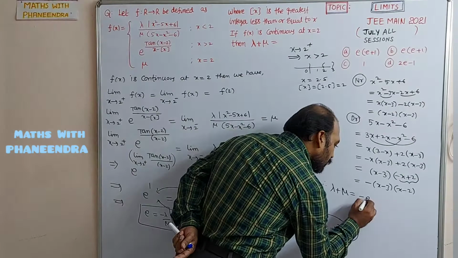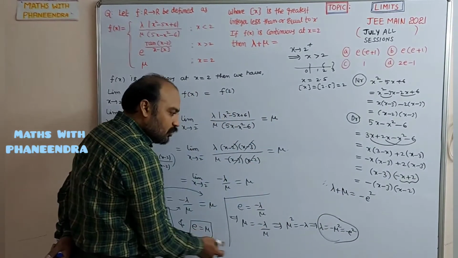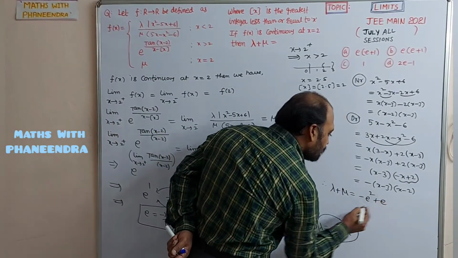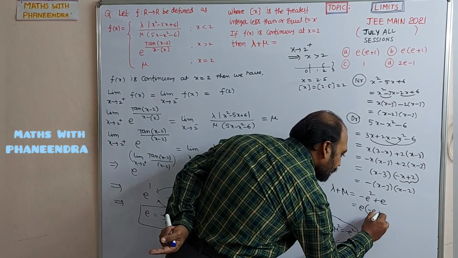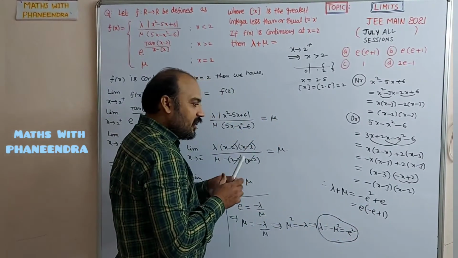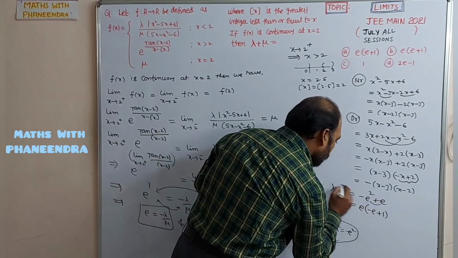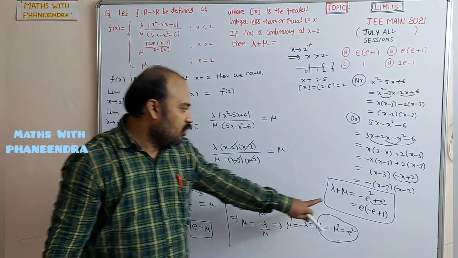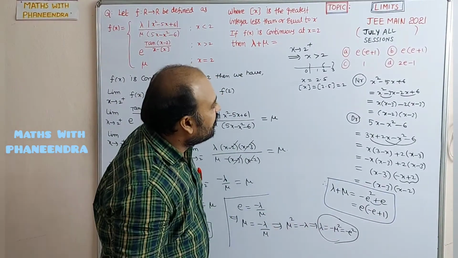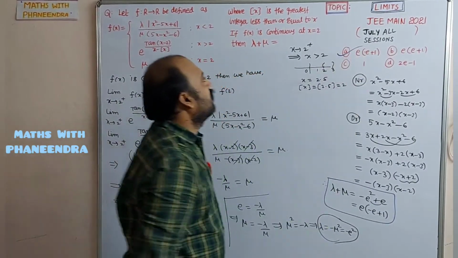So minus e square plus mu, which is e. So take e common, e into minus e plus 1. That's what they are asking. The value of lambda plus mu is there in the first option.